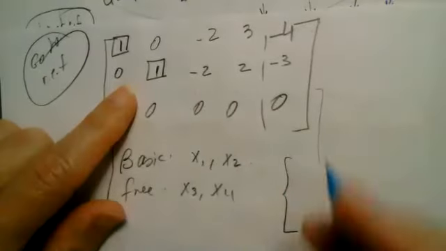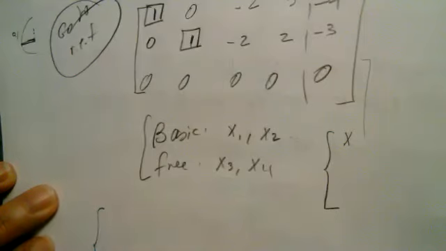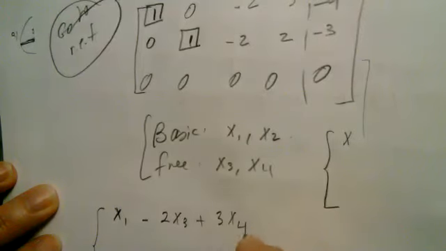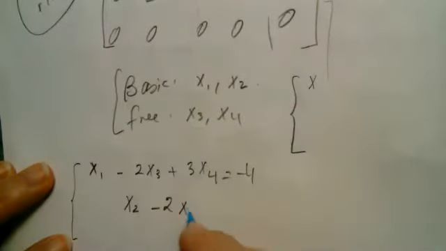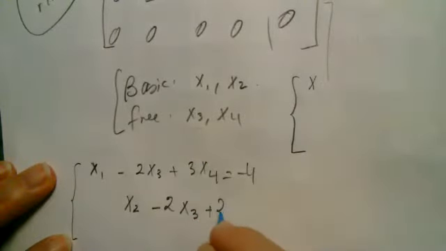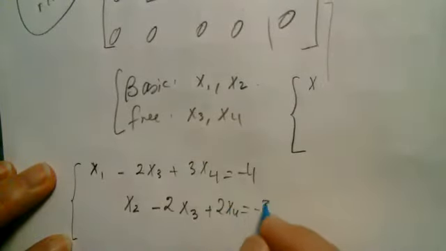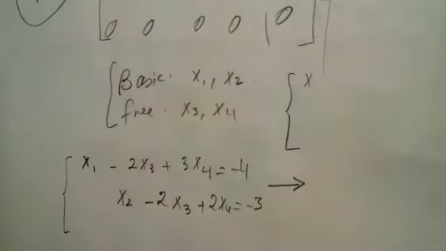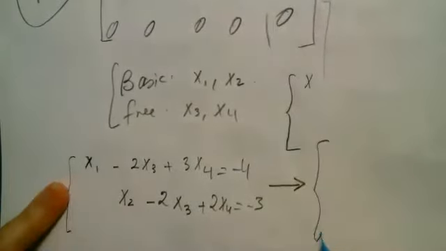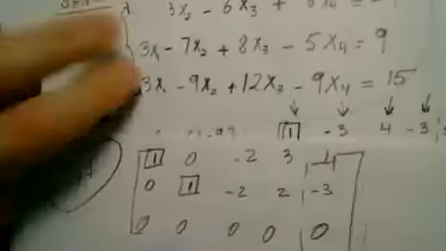My system would be x1 minus 2x3 plus 3x4 equals minus 4. And this gives me x2 minus 2x3 plus 2x4 equals minus 3. And now I solve. This is not the solution. That's the system, which is easier to solve than the mess I gave you at the beginning.